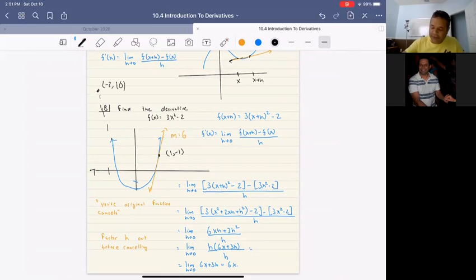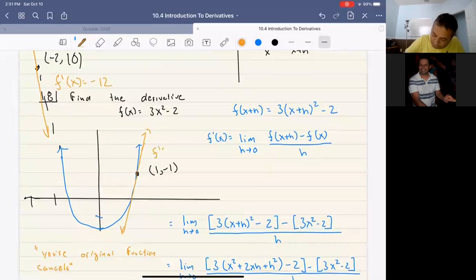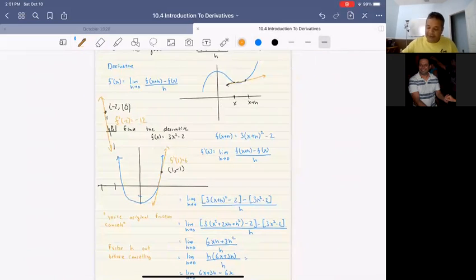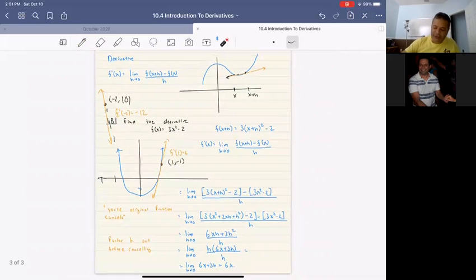Okay, then the slope here is going to be m equals, or f prime of x equals negative 12. Let me write f prime here too. Okay, so all it is, it's telling us what is the slope of this line that just touches the graph there. Okay? All right, I will see you all in the next video.